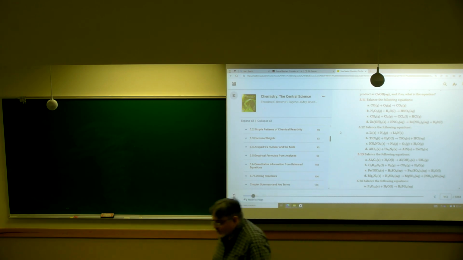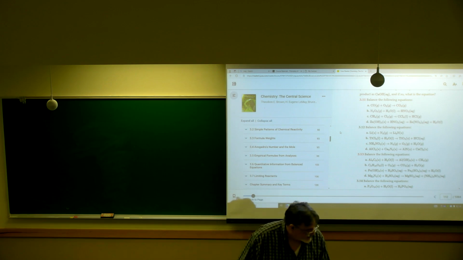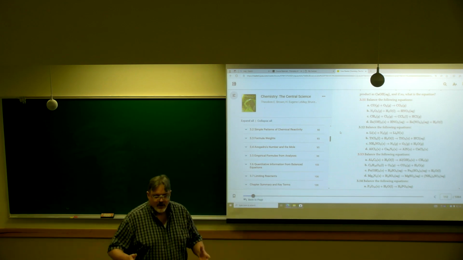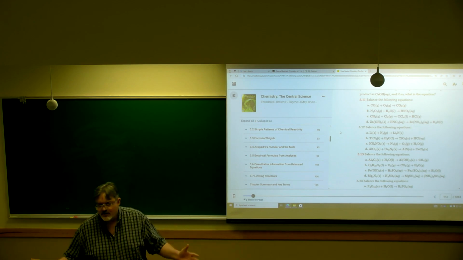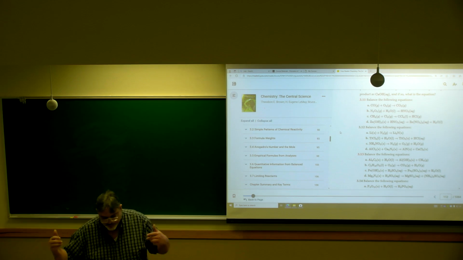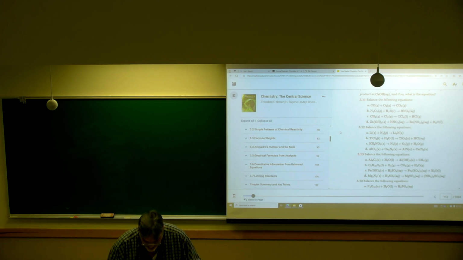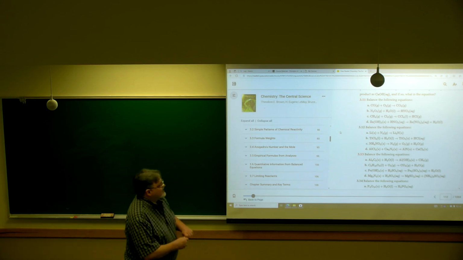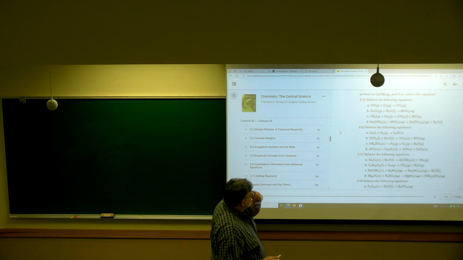The reason I don't like doing balancing is because it's an iteration. You don't set up a formula and go bang, bang, bang, do your algebra, and there's the answer. It's an iteration, which is kind of strange, and it feels unwieldy. It's almost like you solve it by trial and error.